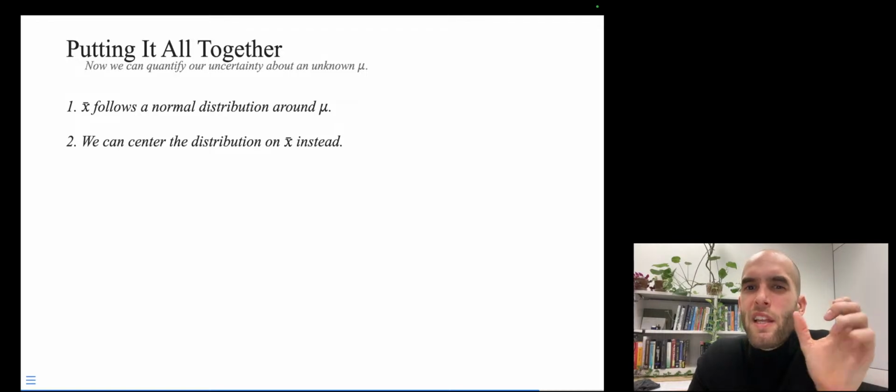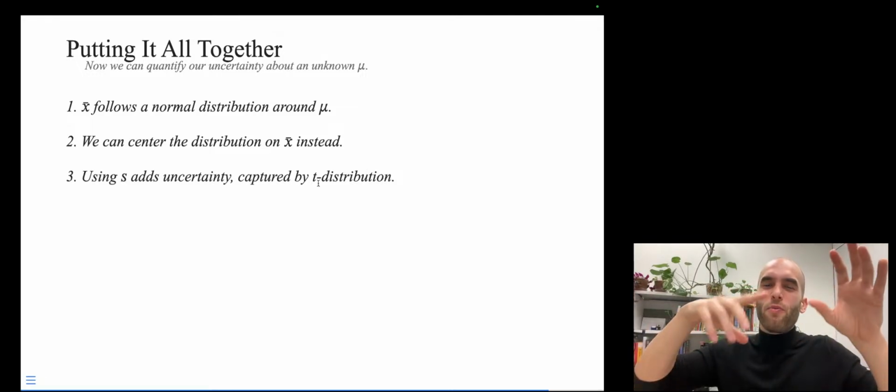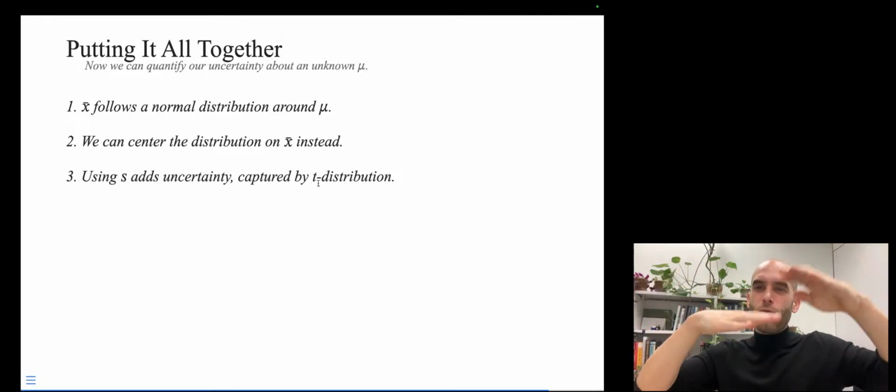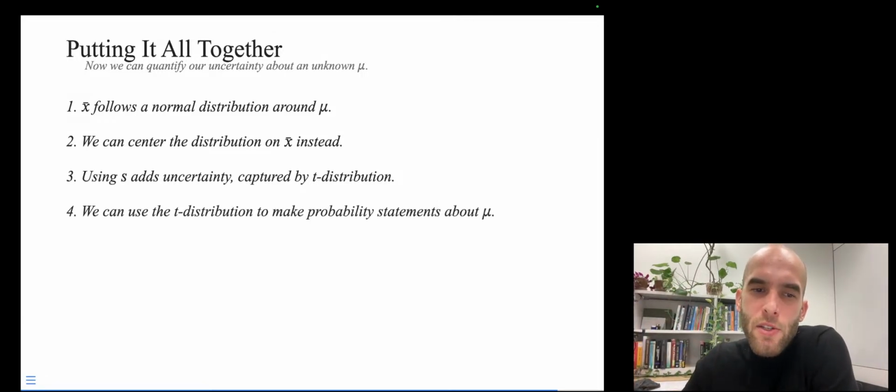We're essentially just thinking about the closeness of x bar and mu. And then when we replace sigma with S, we're adding some additional uncertainty, which someone calculated: the t-distribution, where we're adding in the ratio of two random variables to give us the t-distribution.